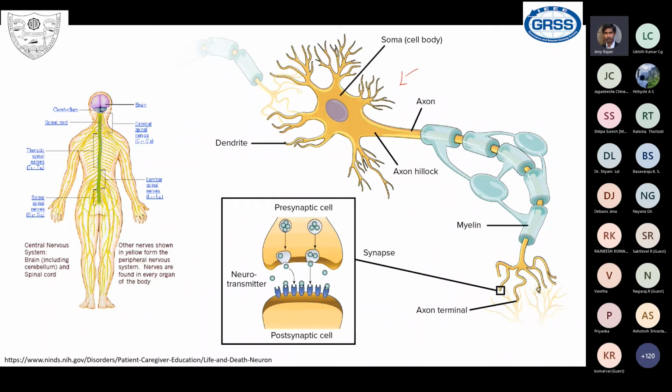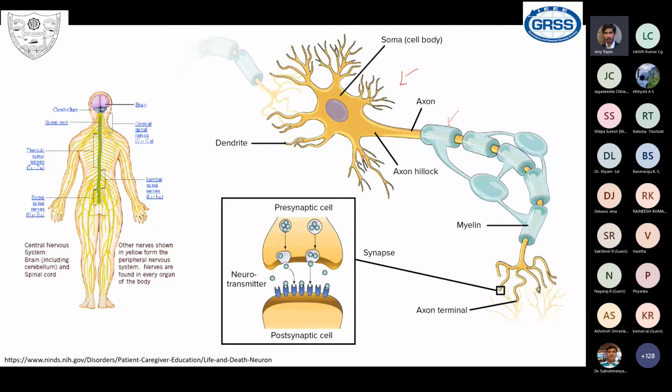These dendrites receive inputs from the sensory cells or sensory organs, or from other cells, and this input will be processed in the cell body, the soma. As a result of the processed input, some kind of signal will be communicated to the next nerve cell through the axon. You can see that there is a covering over this axon. This is called myelin. This myelin helps in fast transmission of the processed data.